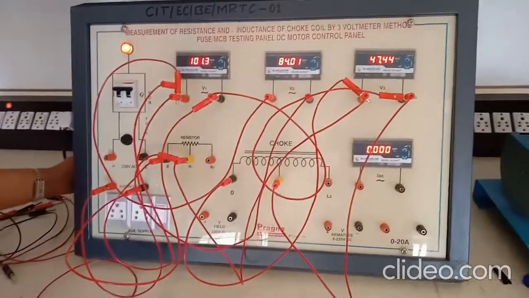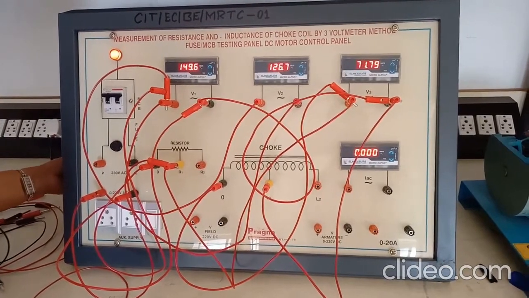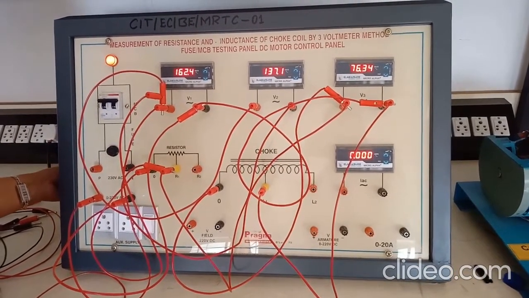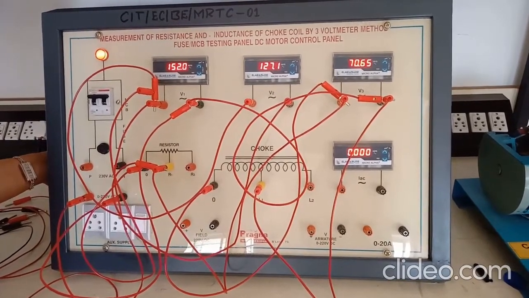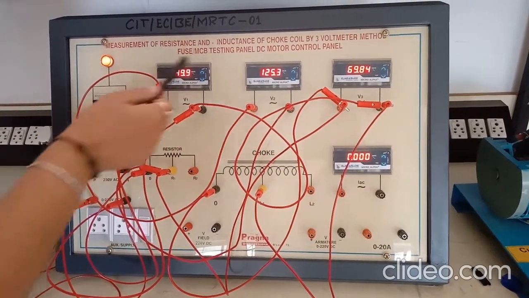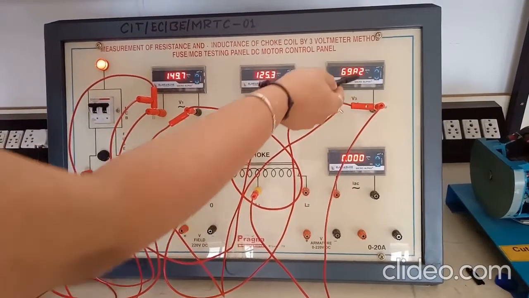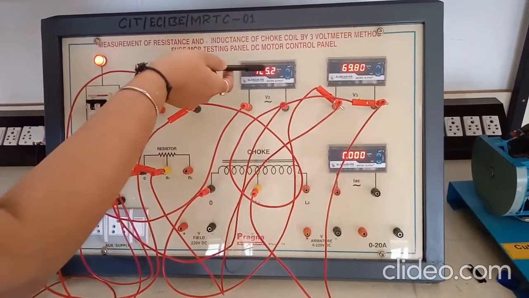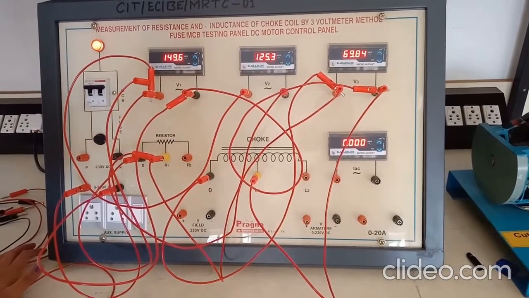Similarly, we can take other readings, like for 150. It is 125.3 and 69.83, that is V choke, and VR is 125.2. Similarly, the readings will be taken for 50, 100, 150, 200, 250 in that way.